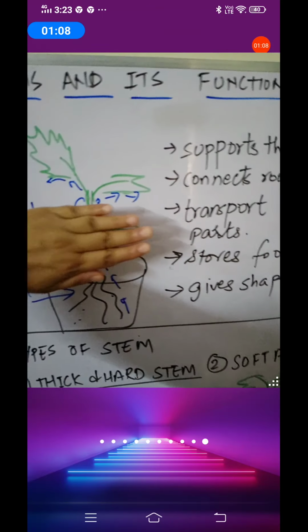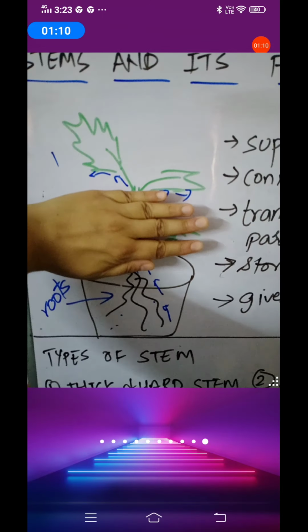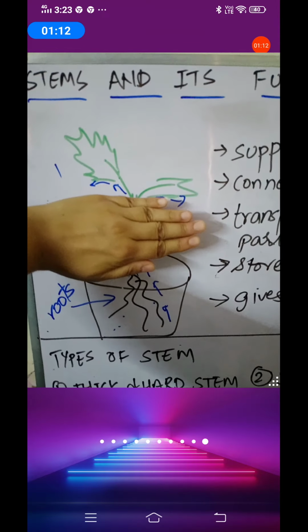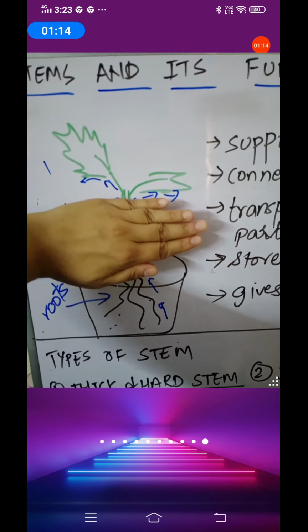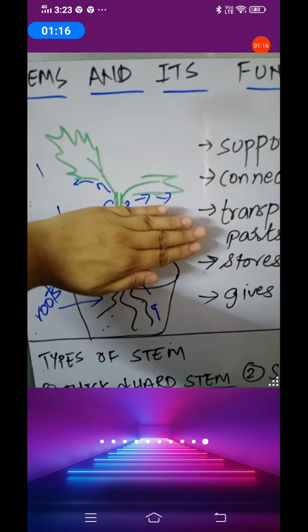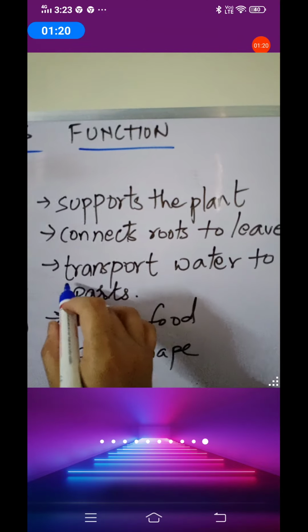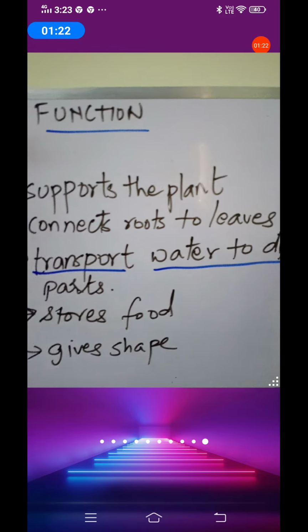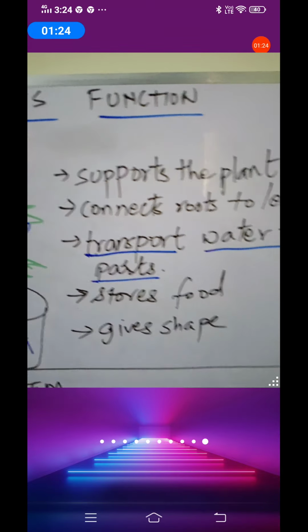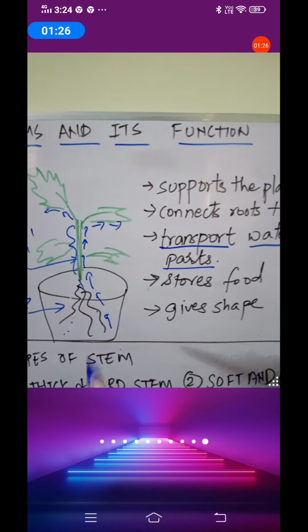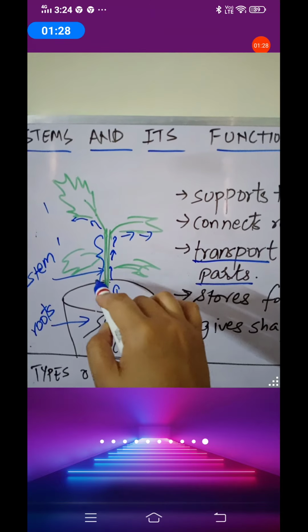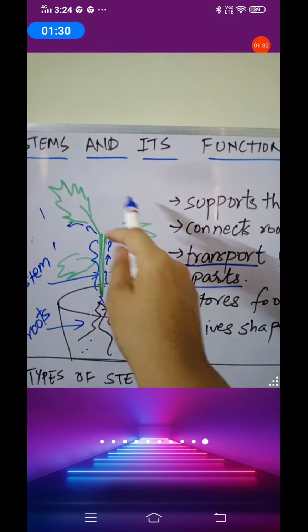So what happens if the stem is not there? Will the leaves get the water? No, leaves will not get the water. So stems are helping to transport water to different parts. If this stem is not there, water will not go to the different parts, isn't it?